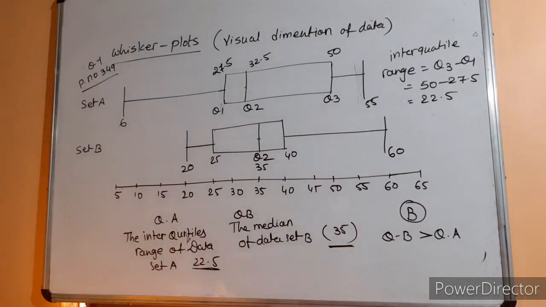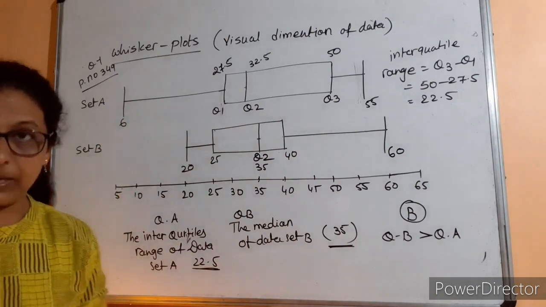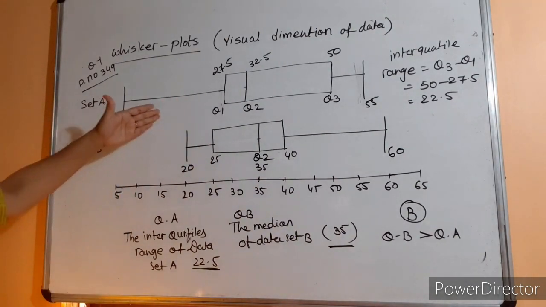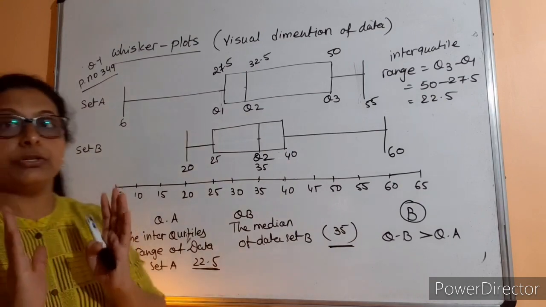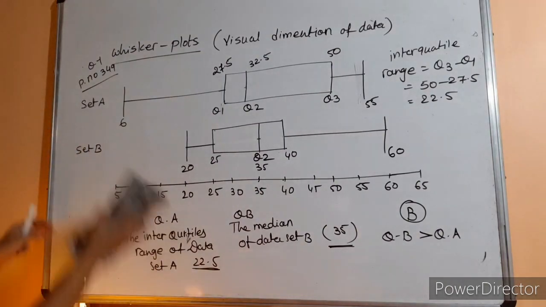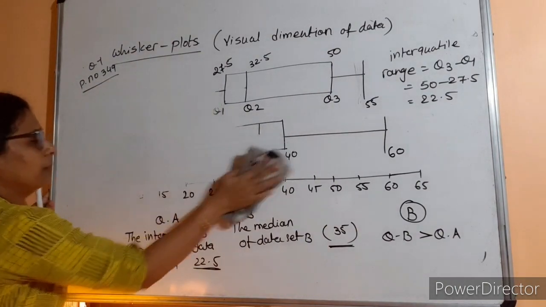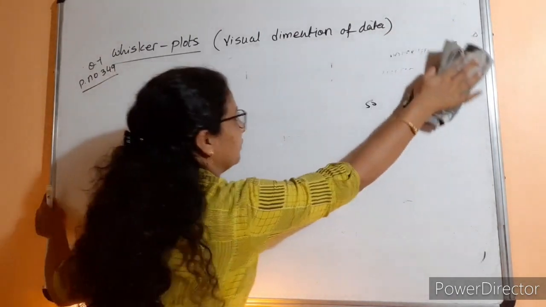Right? So we can compare the data whenever it is given in a single graph paper, when more than two whisker plot graphs are there. So now you know how to draw the whisker plot graph. Right? So what are the points to remember to draw this graph?